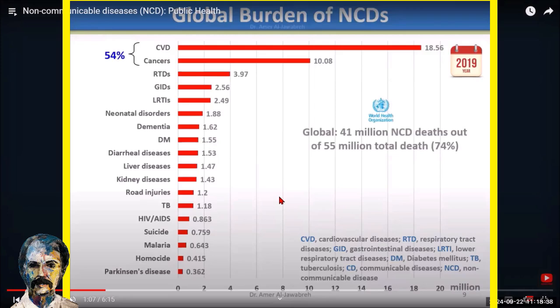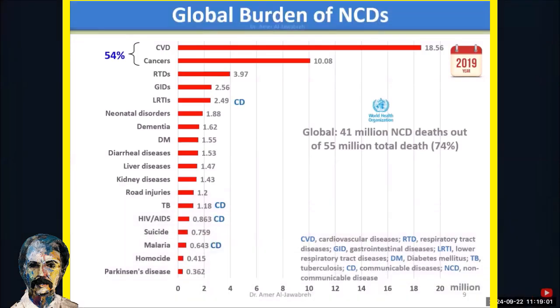CDs, yes, COVID-19. They don't know that cancer is even worse. So the flash and the propaganda, people pay more attention to CDs, not to NCDs. But look, NCDs are making most of the damage.